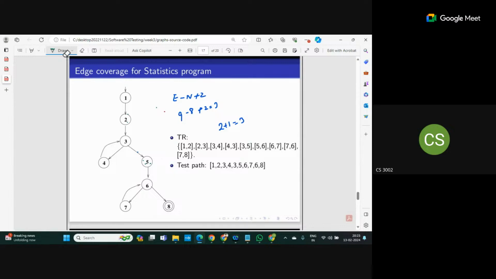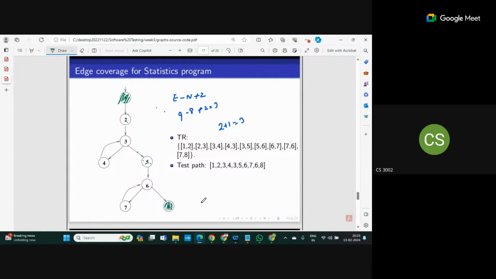So it says any node having zero incoming edges means definitely it is the initial node. It says zero outgoing edges, so it's definitely the final node.